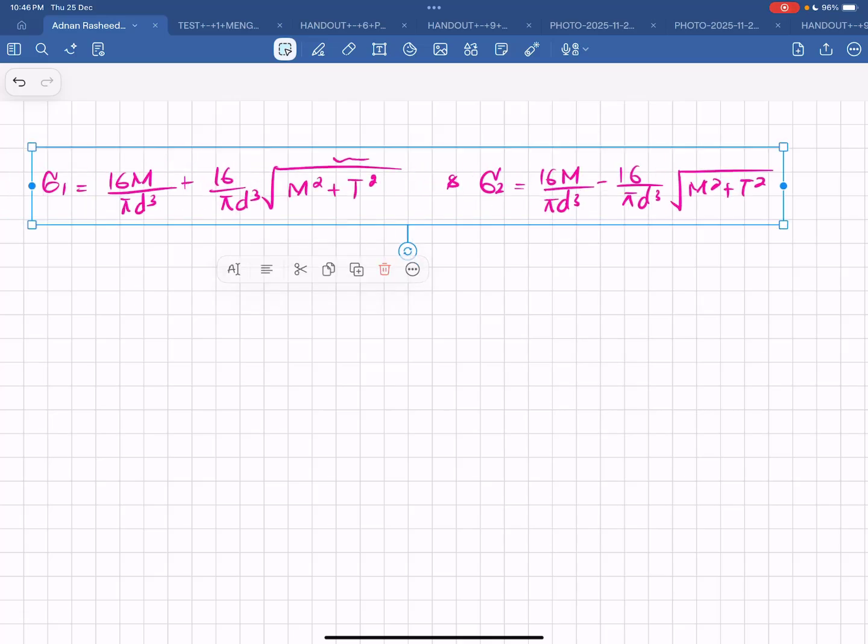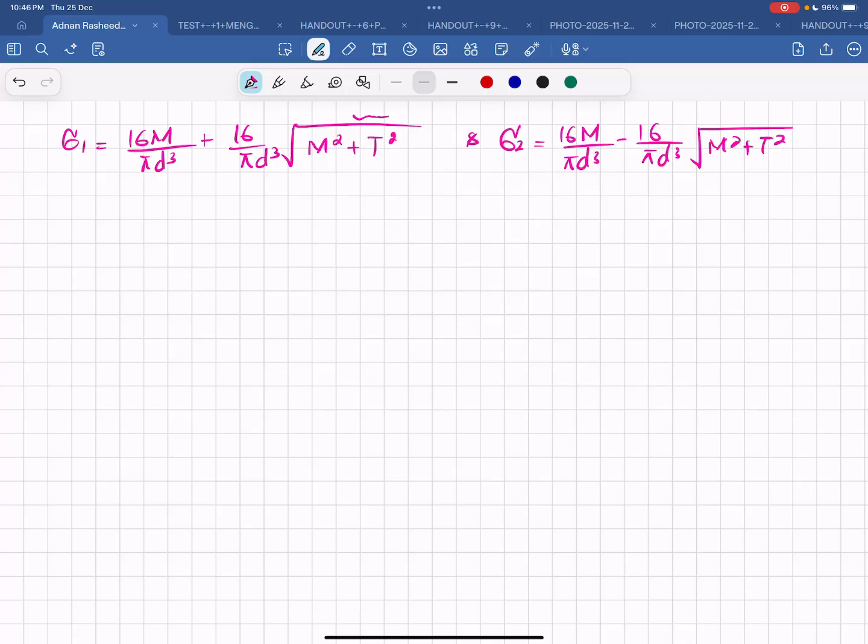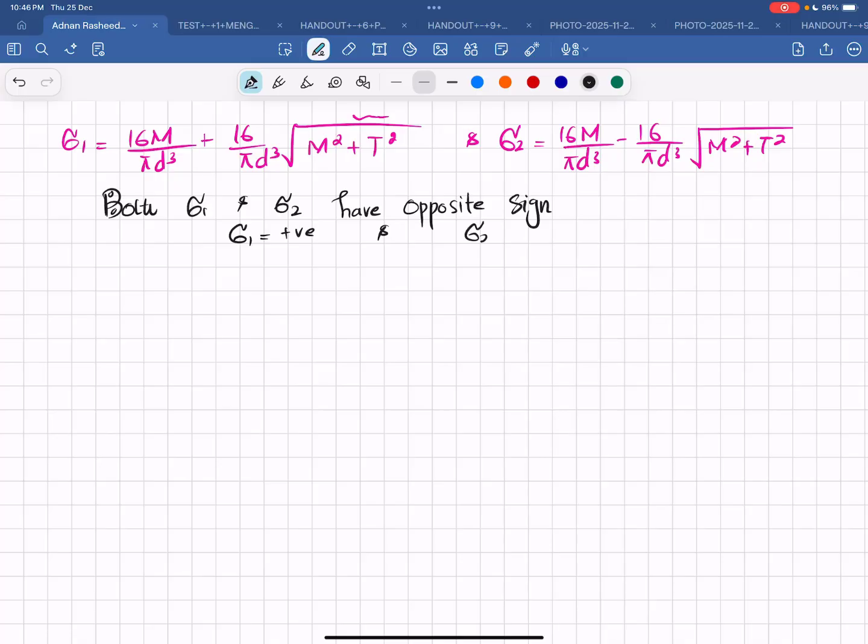Okay, so we have this equation, and we have been given that both sigma 1 and sigma 2 have opposite signs. So it means that sigma 1 is a positive value and sigma 2 will give you a negative value.